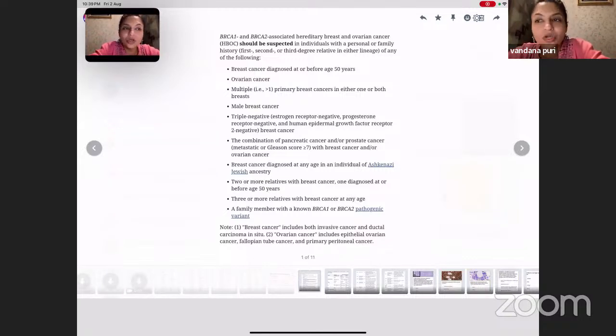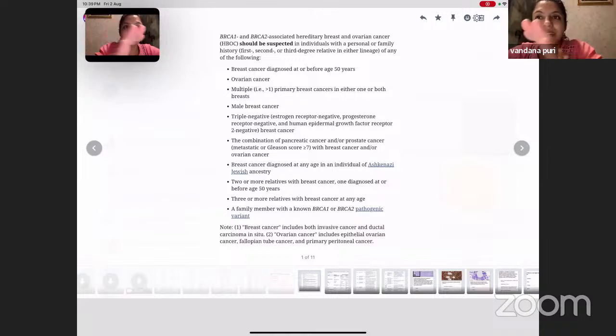Apart from that, 2 or more relatives with breast cancer and 1 diagnosed before the age of 50, or 3 or more relatives with breast cancer of any age, okay? And if you have diagnosed a family member with a BRCA1 or BRCA2 pathogenic variant, either on next generation sequencing or any molecular testing, you have identified that anybody in the family has this BRCA1 or BRCA2 pathogenic mutation.